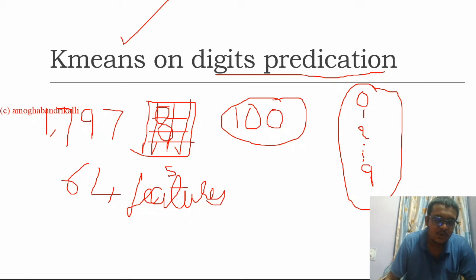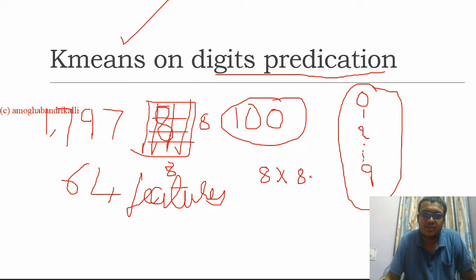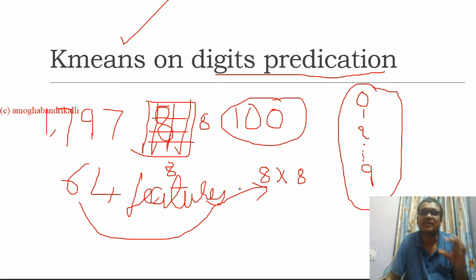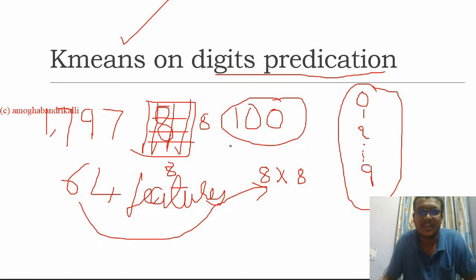Each image is provided as 8 cross 8, so 64 pixels need to be analyzed for making a decision. The image size is 8 cross 8, so the feature count is 64, because 64 pixels are available. Each pixel needs to be identified and we need to make a prediction. Based on the neighborhood, it is going to make a decision.